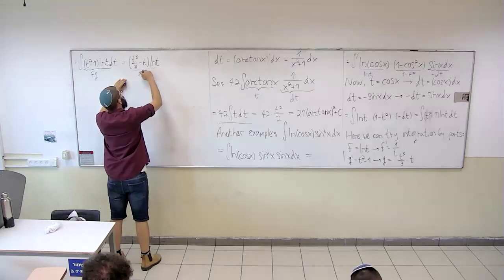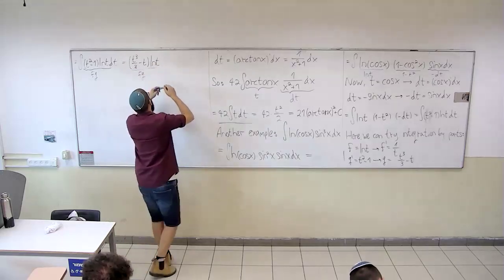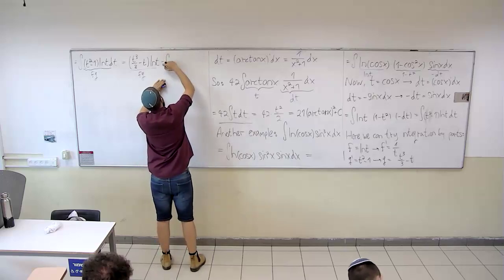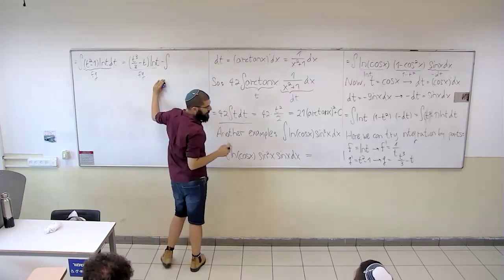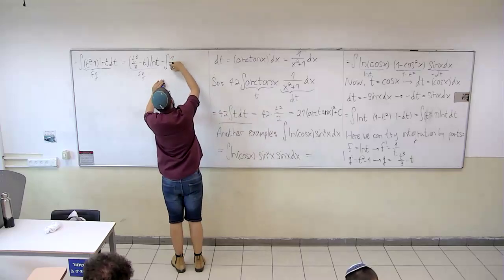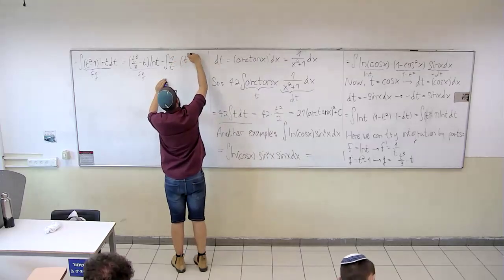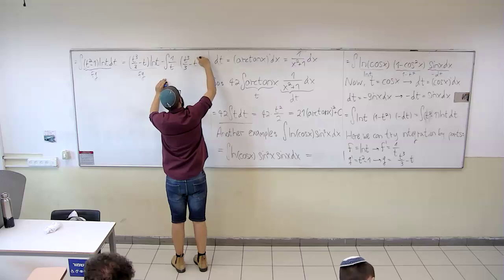This is fg minus the integral of f tag g, which is 1 above t, and our little precious g.